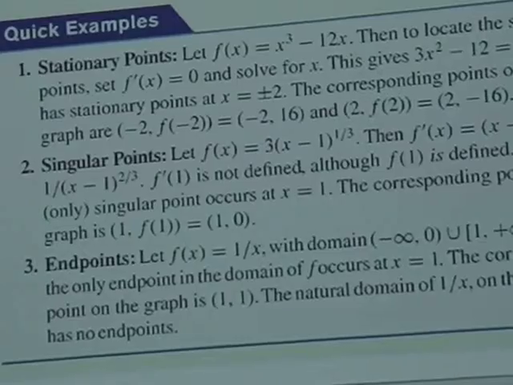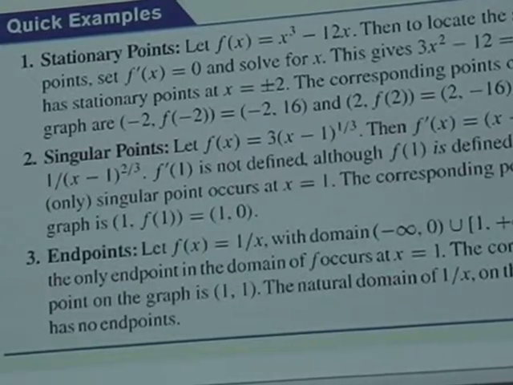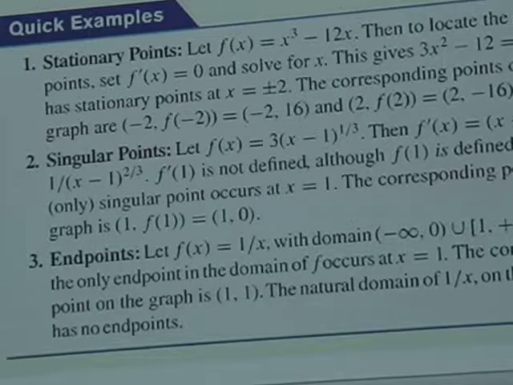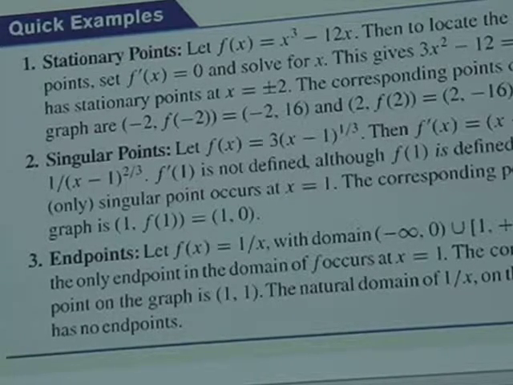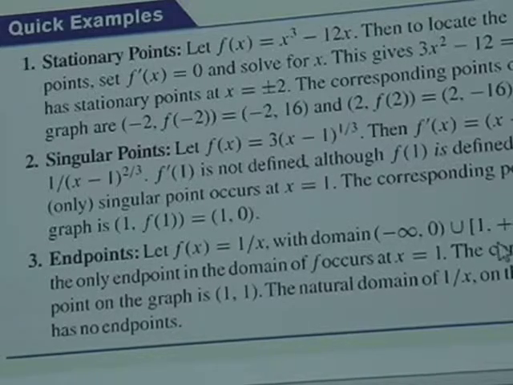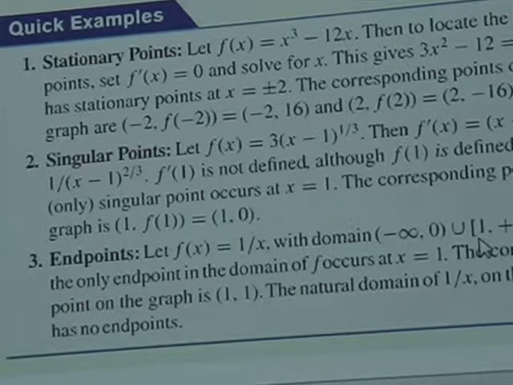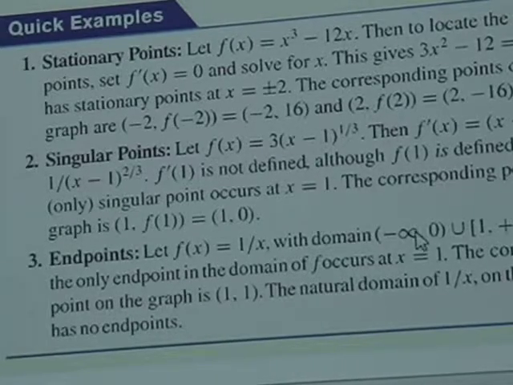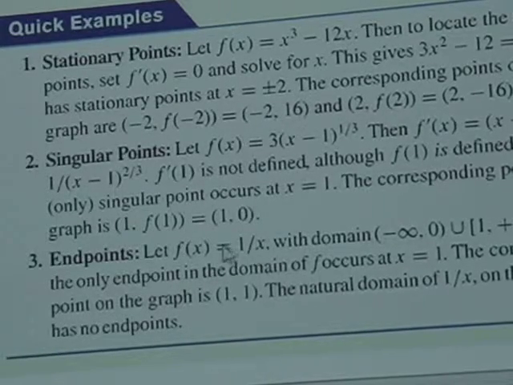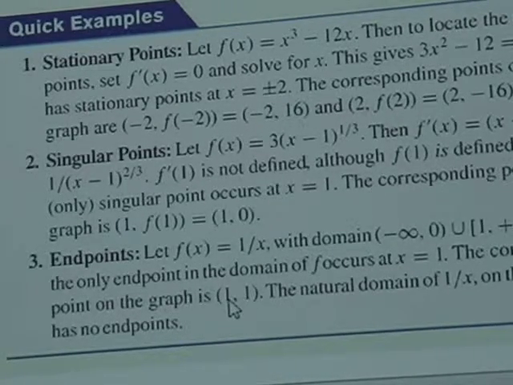We don't say that positive infinity is a point, so we don't say it's an endpoint. If it's not a point, you don't say it's an endpoint, right? So we don't talk about these as being endpoints. The only endpoint, he says, is at 1. The corresponding point on the graph: when x equals 1, what does y equal? 1 over 1 is 1. So it is 1 comma 1.